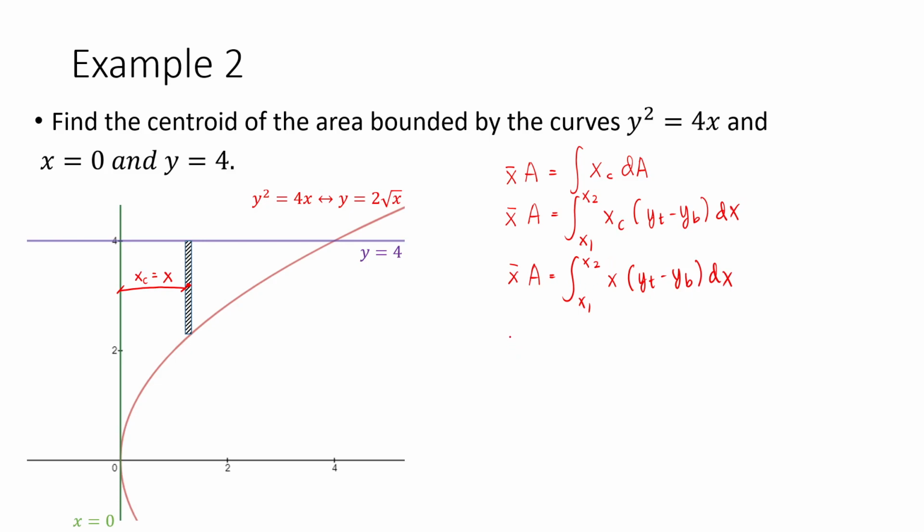So we can now plug in the equations. So this is 5.33, and then our limits of integration is from 0 to 4, and then times x, then times 4 minus 2 square root of x dx.